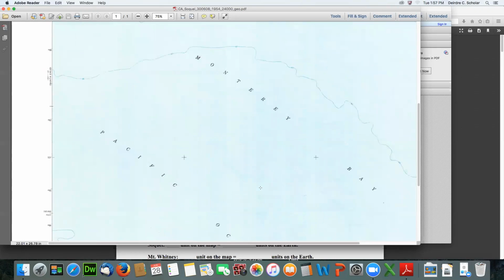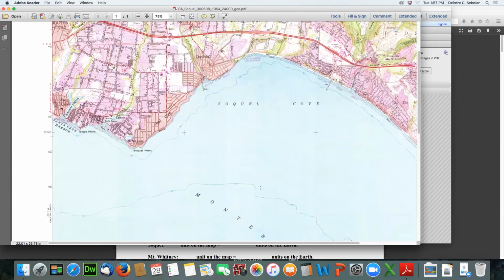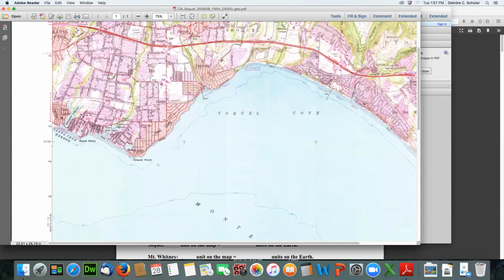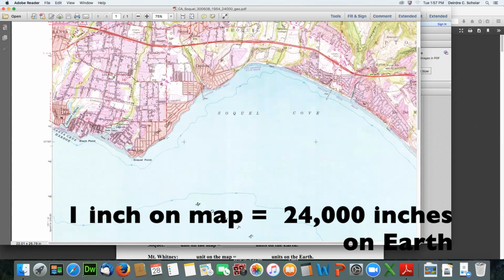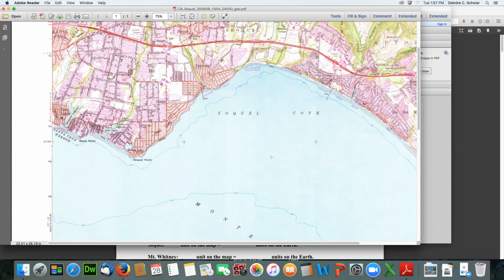So if you have a hard copy of the map in front of you, you could take your ruler out and measure 1 inch anywhere on the map, and you would know that the real Earth distance that that represents is 24,000 inches. You would probably want to convert those inches into at least feet or perhaps even miles to make a little bit more sense.